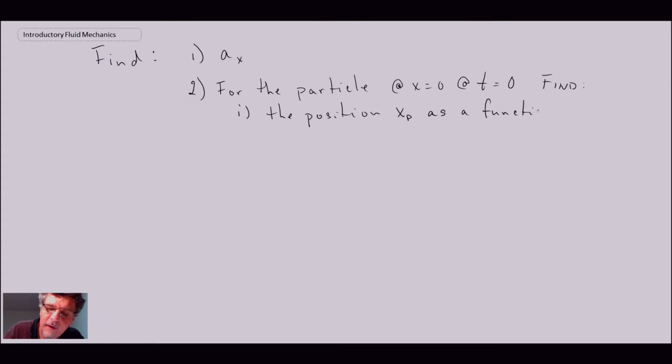This is the Lagrangian formulation because it's following the particle. We also want to find the x component of acceleration of the particle, denoted a sub x,p as a function of time.